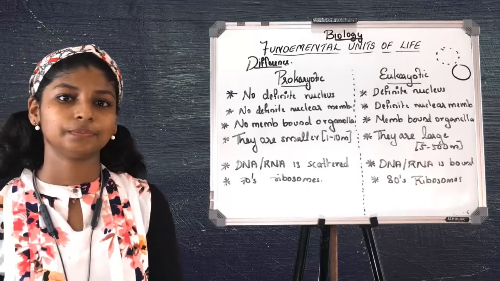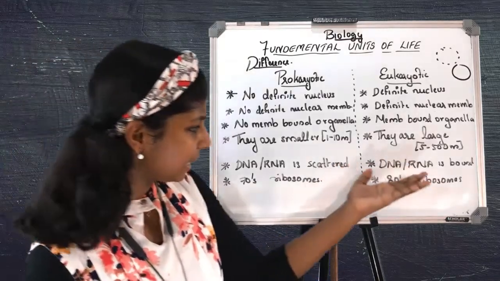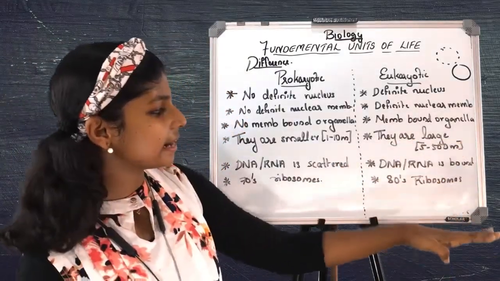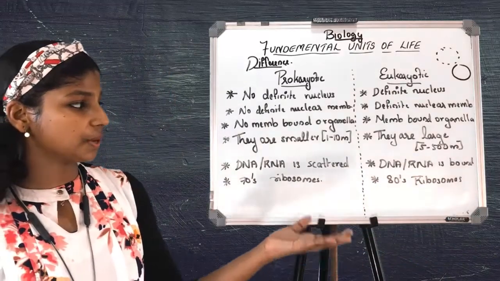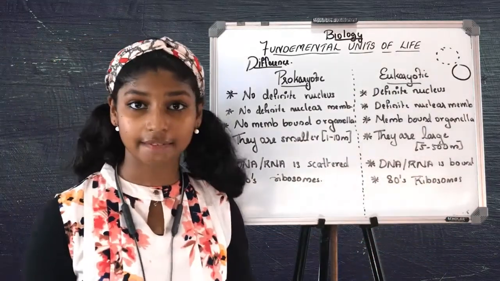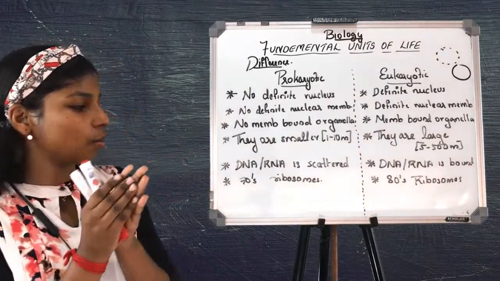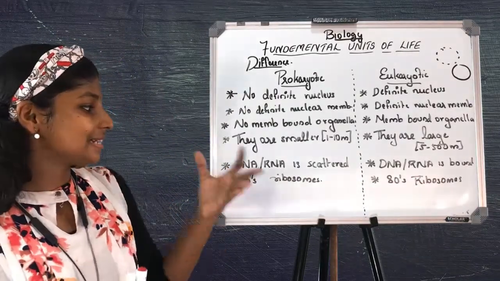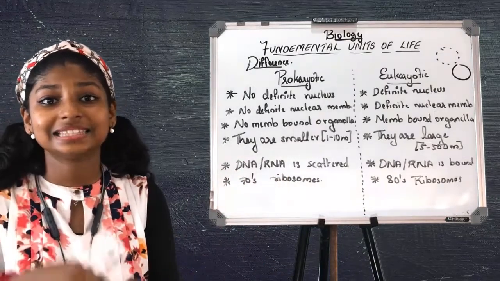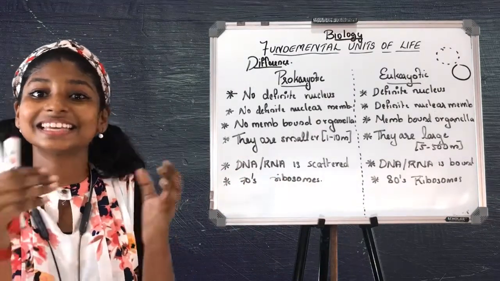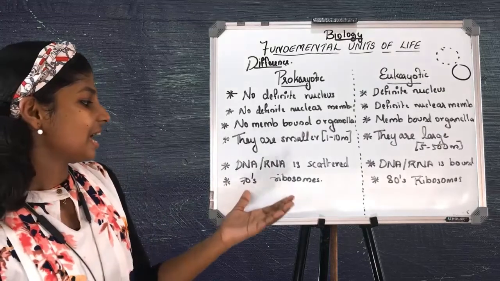In eukaryotic cells, DNA and RNA are bounded. The point here is that DNA and RNA sit inside the nucleus.